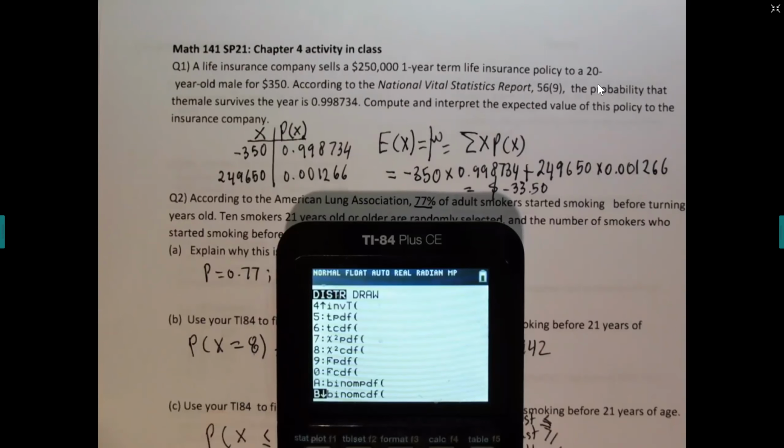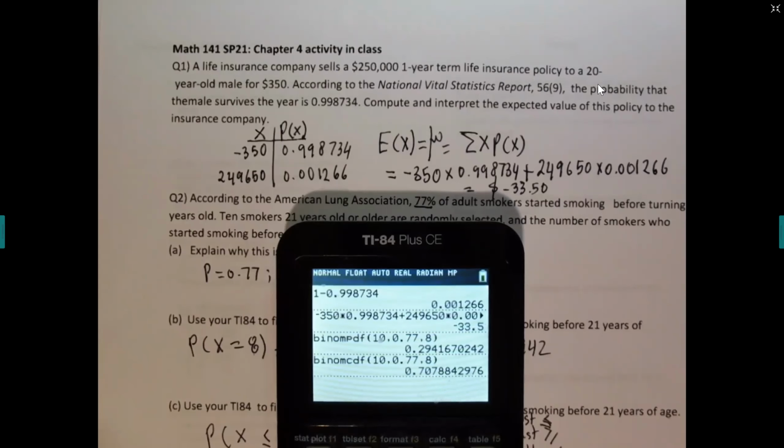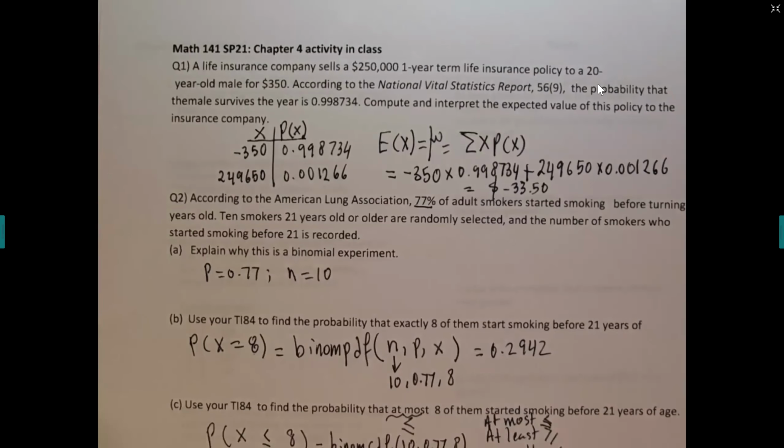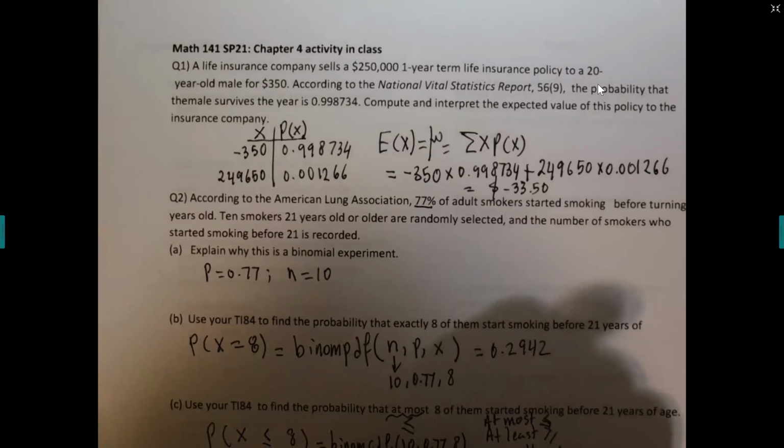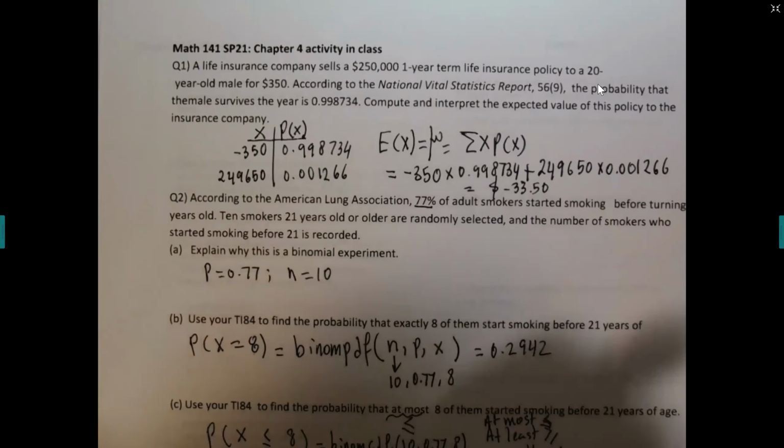So it's going to add all of them. That's why we're using CDF, not PDF. 10, 0.77, X value is 8. See, 0.7079. I'm rounding to 4 decimal places.